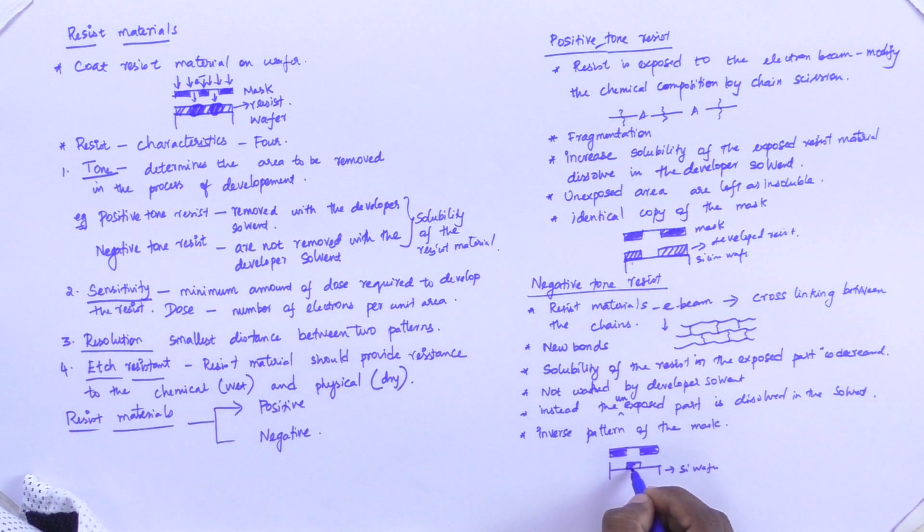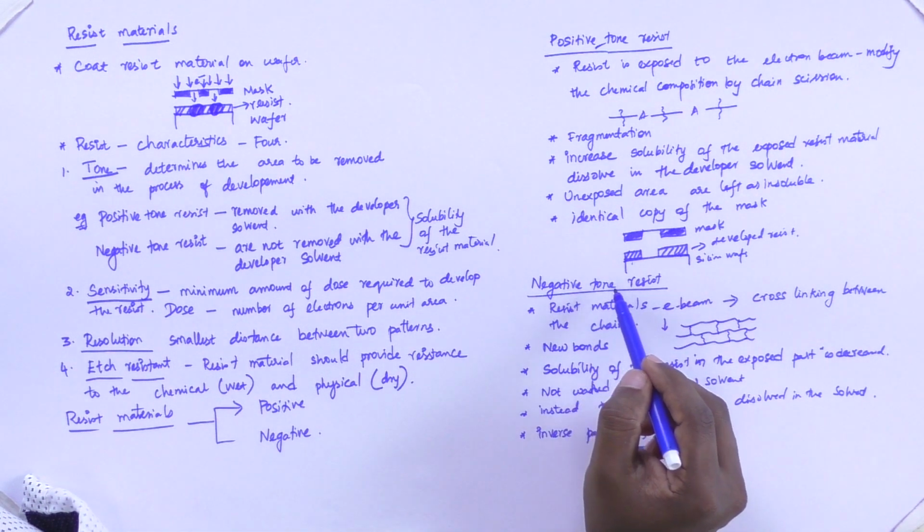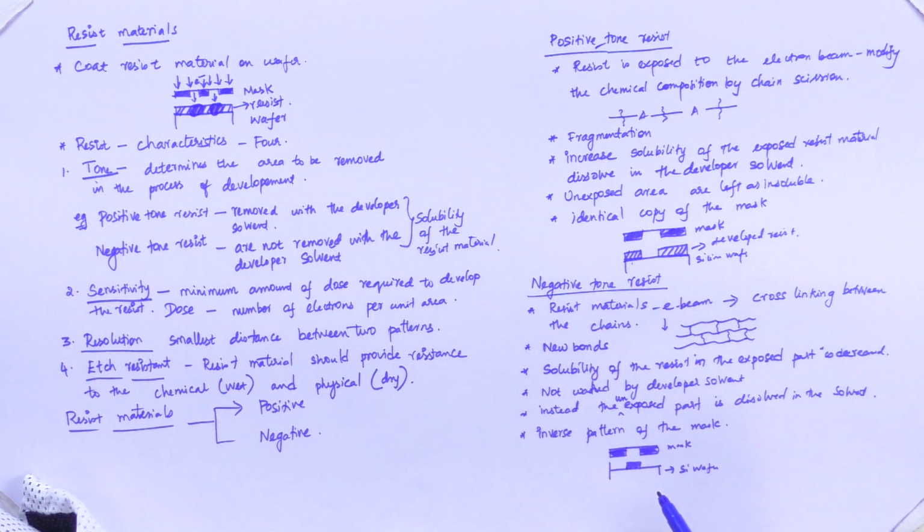Only here you have the resist material and the remaining part is washed away by the developer solvent. So what you will get is exactly the inverse pattern or the contrast pattern of the mask used in this process. So whenever you use negative tone resist, you will get inverse pattern on the silicon wafer surface.